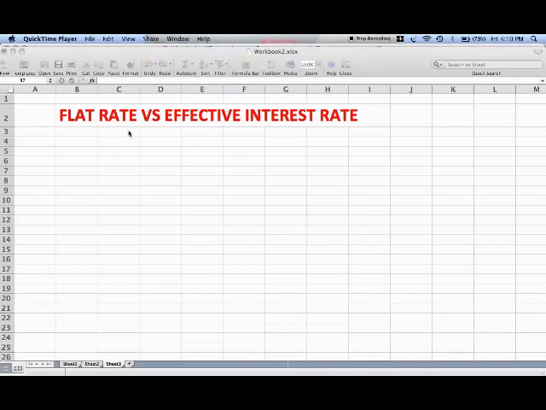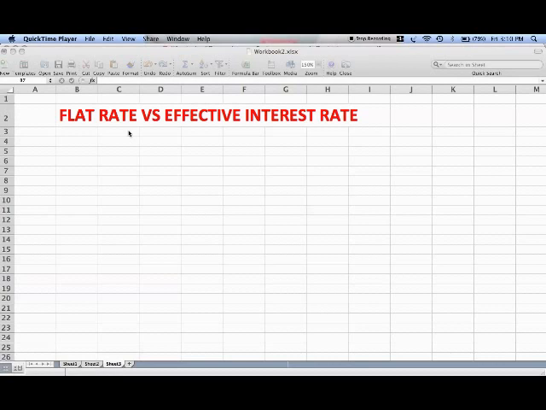I'm going to show you that there's a big difference between the flat rate and the effective interest rate. At the end of the day, you pay the effective interest rate. The flat rate is just a stated rate that the lender gives you, but in the end you need to be very concerned about how much interest you have to pay for that borrowing.